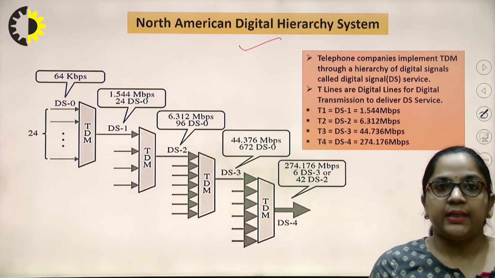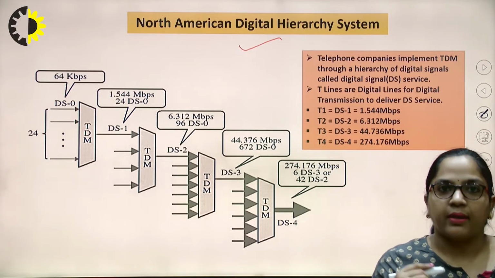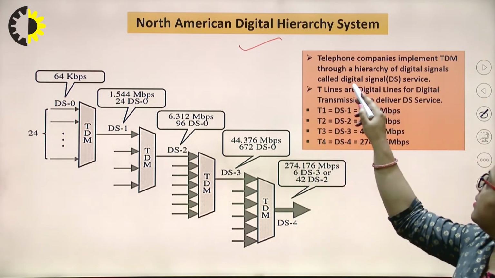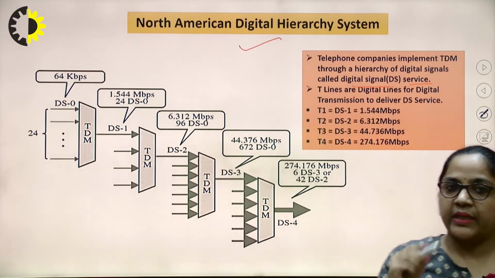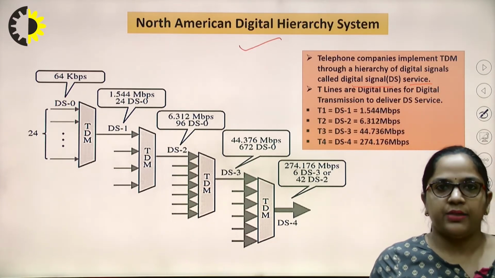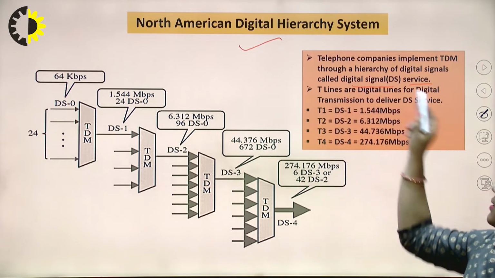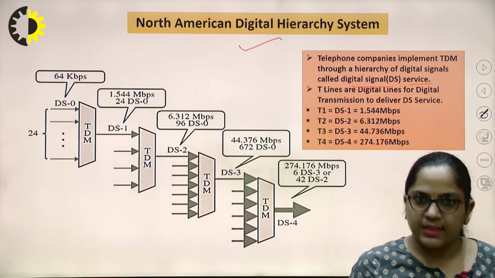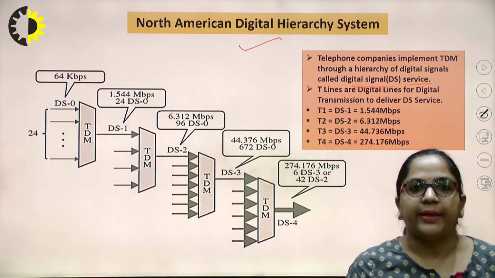Telephone companies implement TDM through a hierarchy of digital signals called digital signal services. T-lines are digital lines for digital transmission to deliver these digital signal services. T means transmission line.